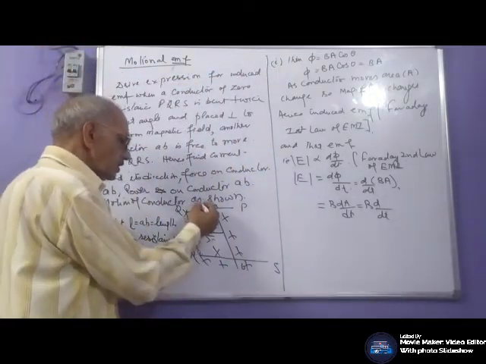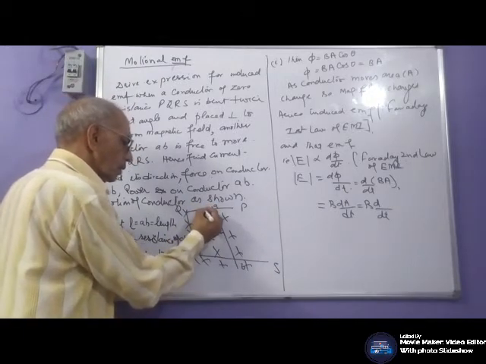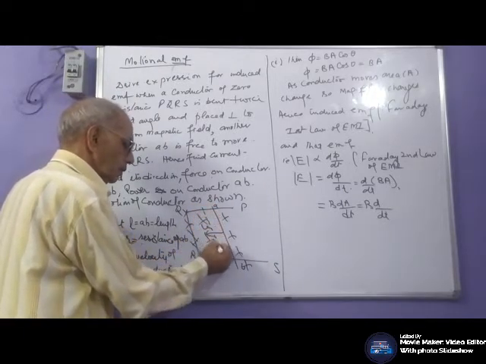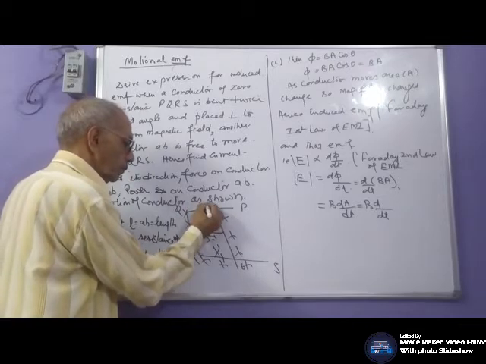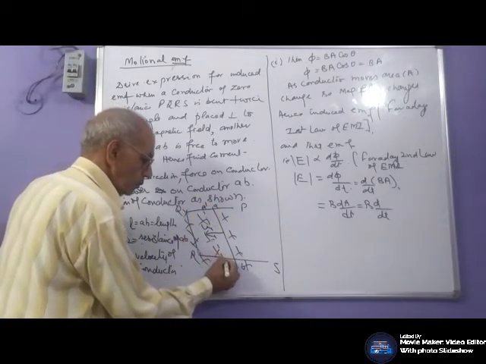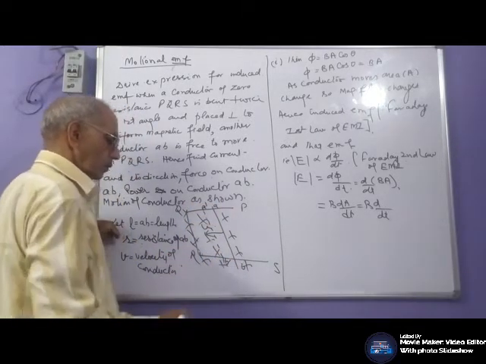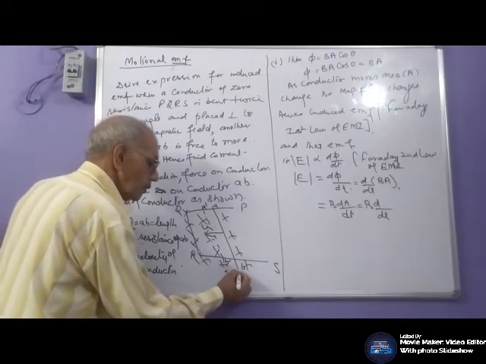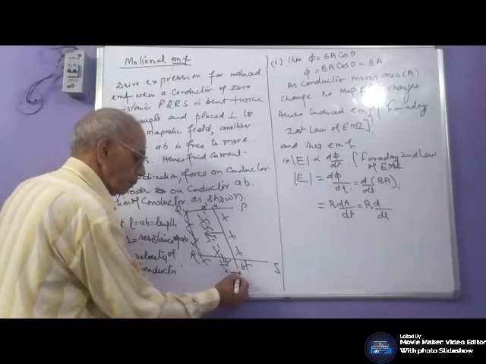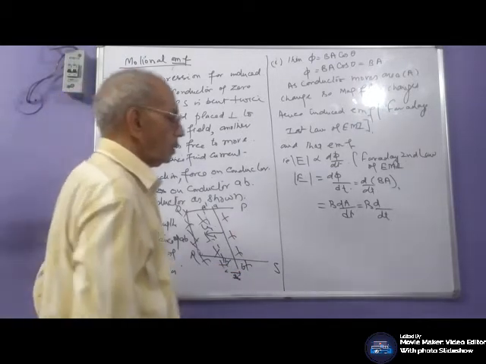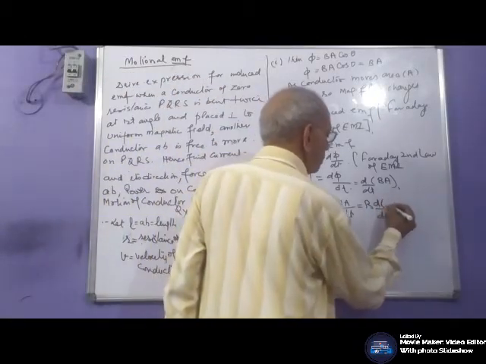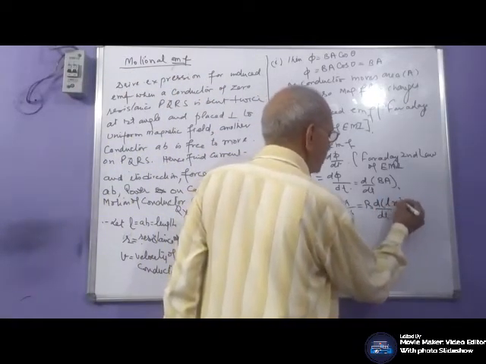Suppose conductor is here. ये डिस्टेंस है, तो एरिया will be L into x.